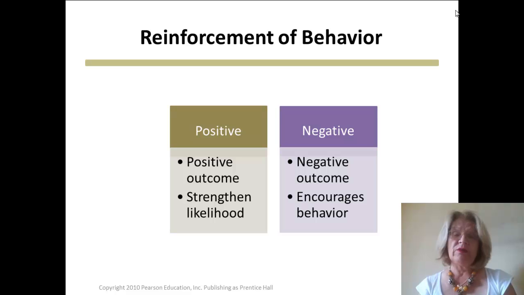A negative outcome is a bad thing that happens which encourages a behavior. You ate a donut every morning for breakfast, so you gained a lot of weight over the past weeks. And this causes you to go to the gym every other day and to stop eating donuts.